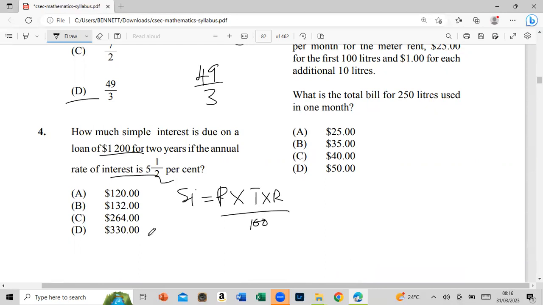So it will be 1,200 over 100 times 5.5 times 2. So these two are gone. Alright, so I'm going to go this way: 5.5 times 2, get rid of the decimal. That will give me 11. So it will be 12 times 11. That will be our final answer, which is 132.